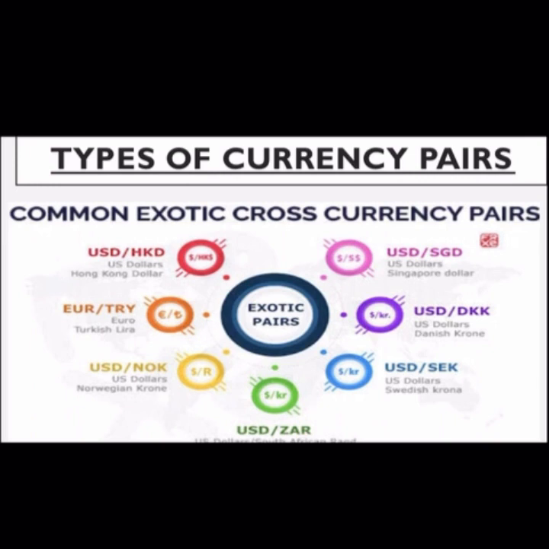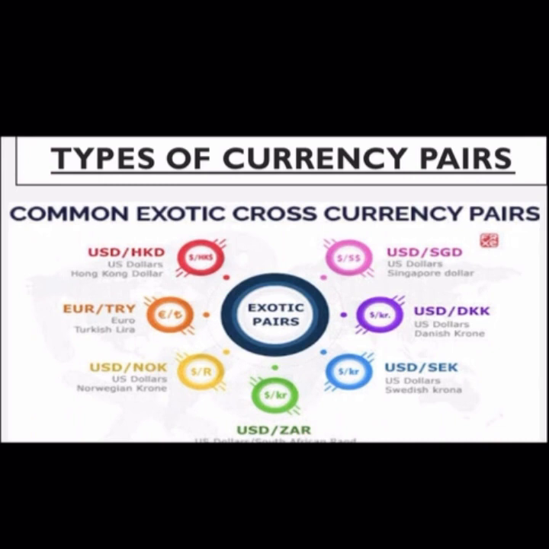That is why you can see a US dollar paired against a Singapore dollar. Who actually knows about the Singapore dollar? It's a currency but not mostly traded. It's not dominant, and it's inferior to the US dollar. The US dollar is very popular, so it's dominant. So if a dominant currency like the US dollar is trading against an inferior currency like the Singapore dollar, we can say this is an exotic pair.